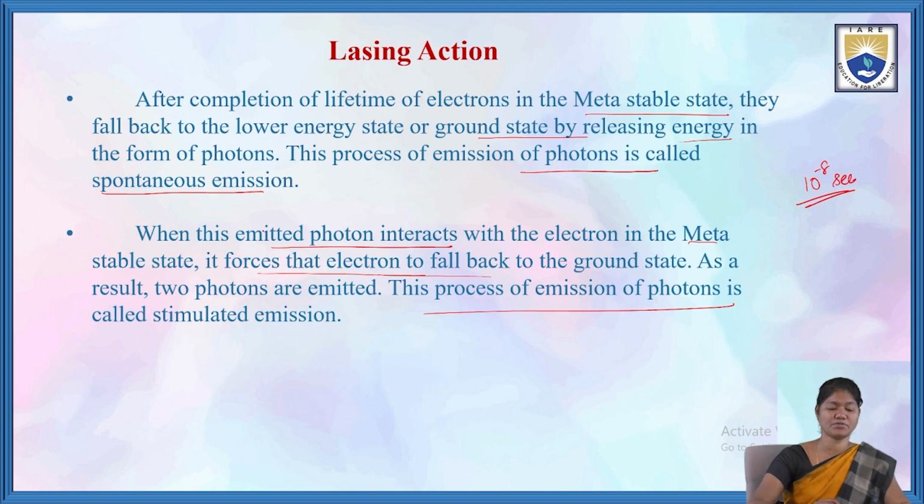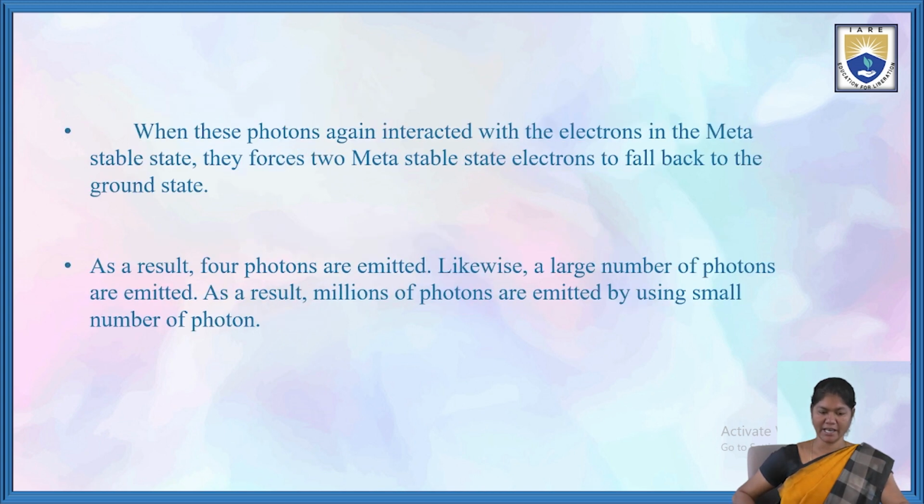When the photon released spontaneously interacts with the electron in the metastable state, it forces the electron to fall back to the ground state. As a result, two photons are released or emitted. This process of emission of photons is called the stimulated emission.